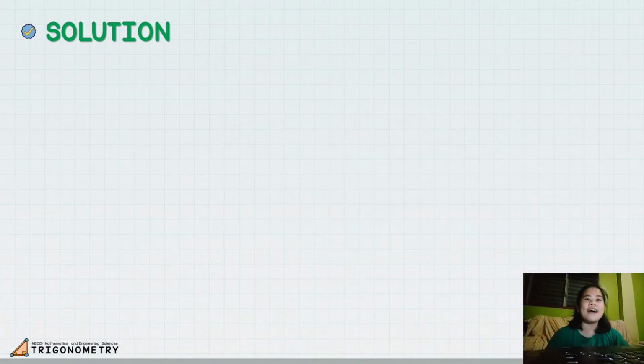Since we already have the value of the cosine of angle A, we can then substitute equation 2 into equation 1.